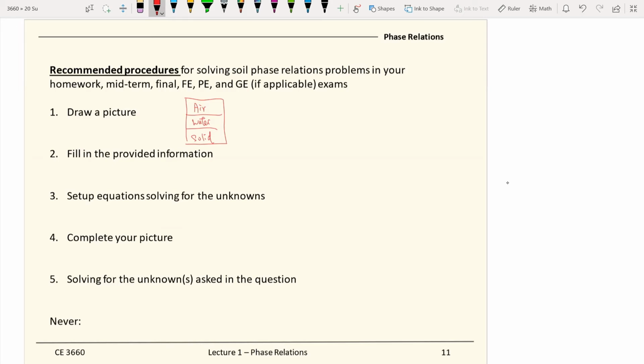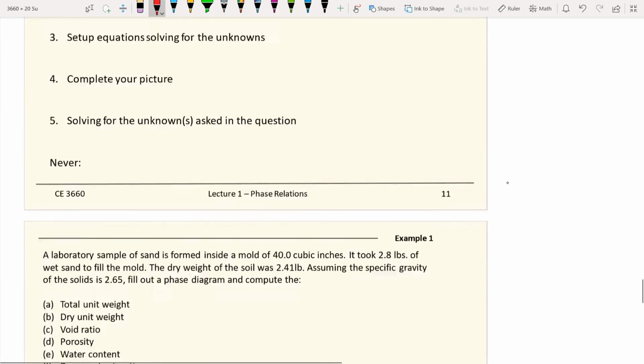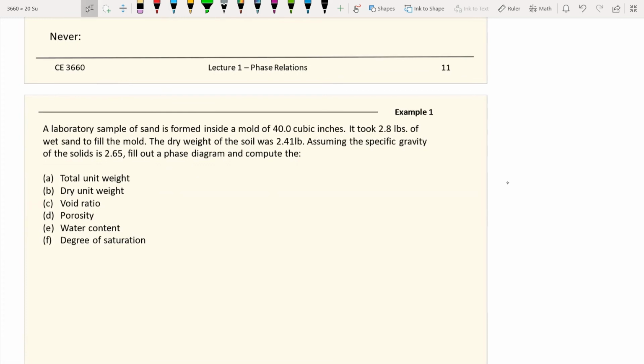And step number two will be to fill in the provided information. So for example, when you're given a question, like the one that we will work on next, it tells you that you have a laboratory sand sample from inside a mold, which is 40 cubic inches.